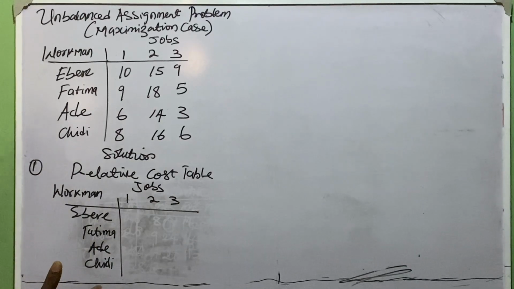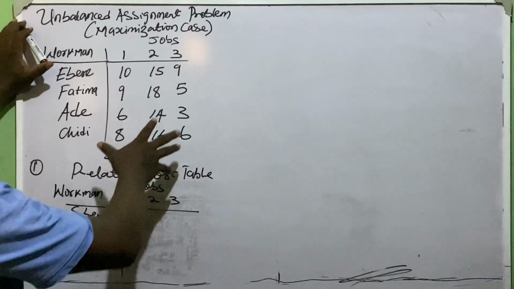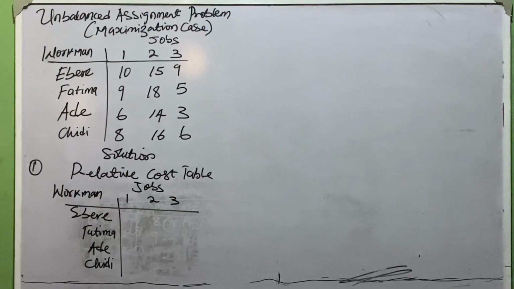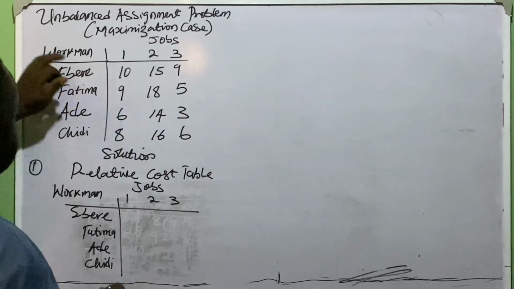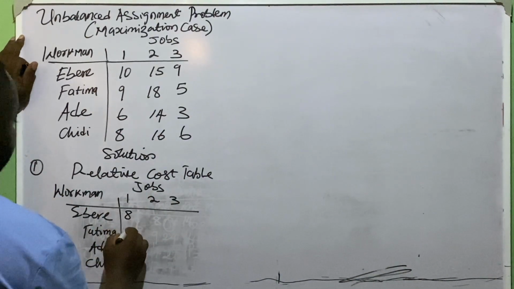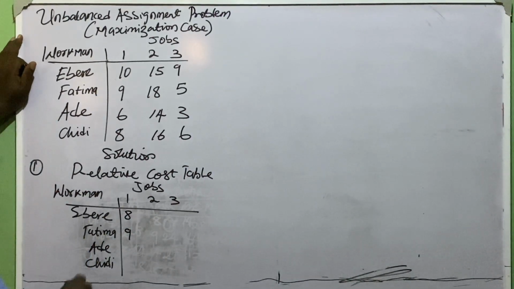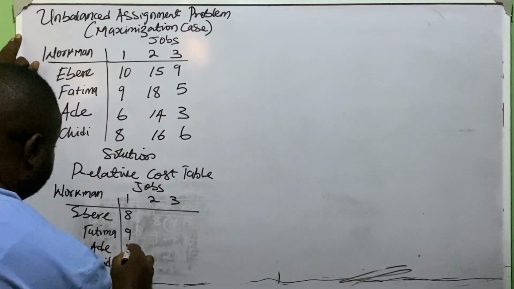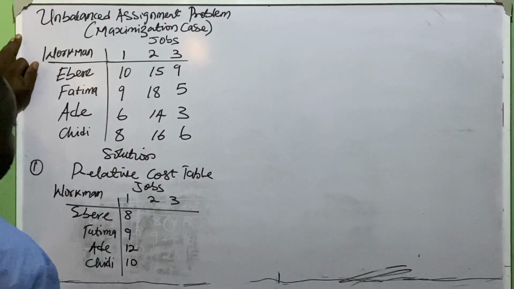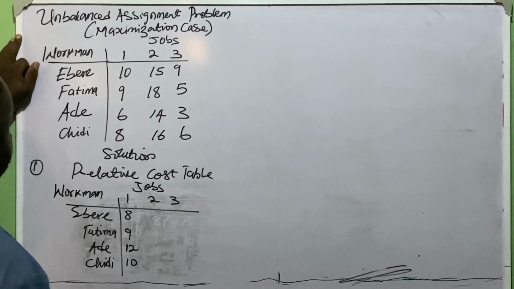So quickly, we have 18 to be the highest value here. We're going to subtract every other value from 18 to get the relative costs. So 18 minus 10 will give me 8. 18 minus 9 will give me 9. 18 minus 6 will be 12. 18 minus 8 will also give me 10. 18 minus 8 will give me 10.